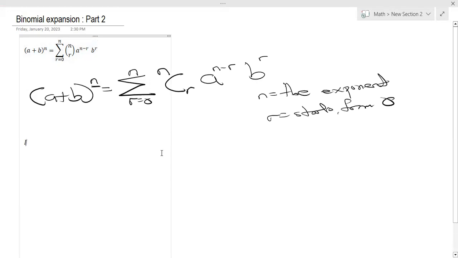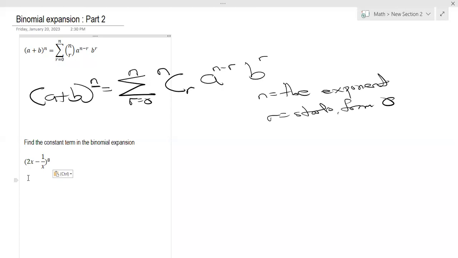Sorry about that. Let me get the next question. This is actually a bit more interesting. Find the constant term in the binomial expansion of (2x minus 1 over x) raised to power 8. This might seem difficult, but it's not really.